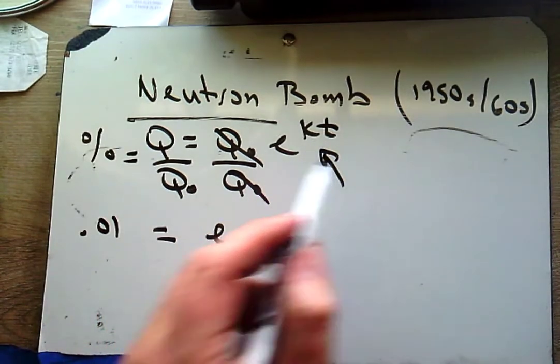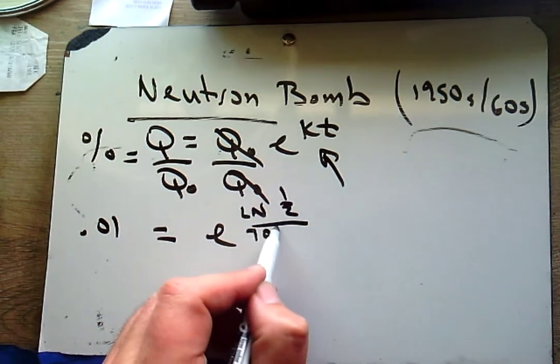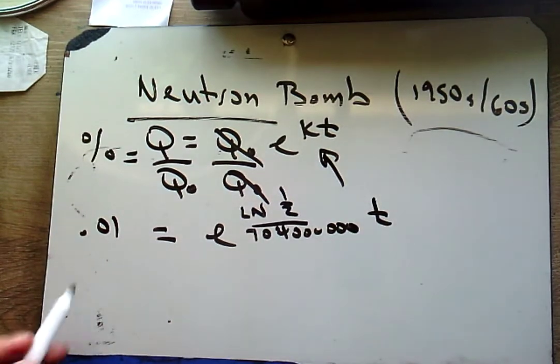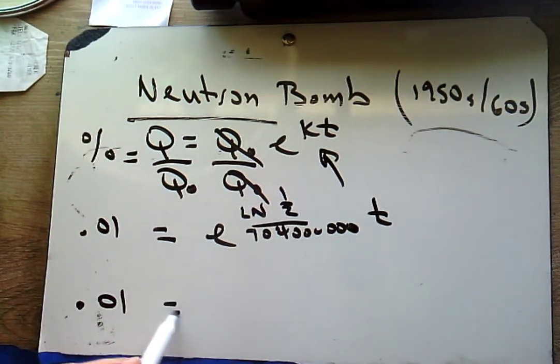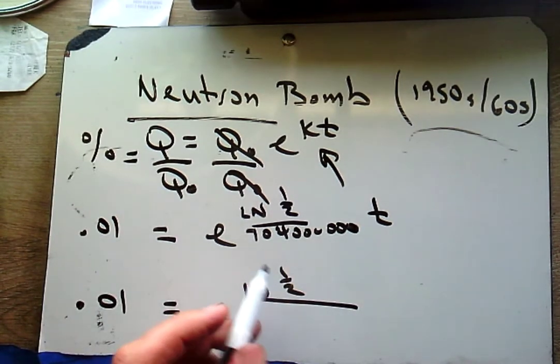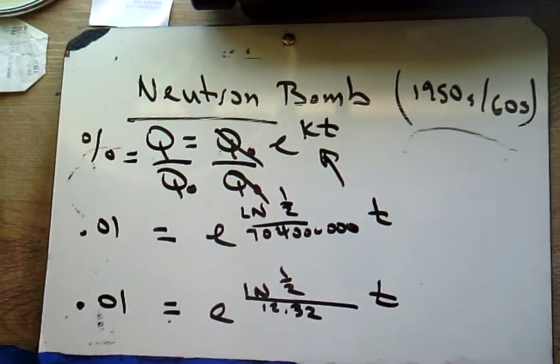Ln of a half over time for half-life. So I'm going to have ln of a half over 704 million years. Don't forget the t. And my other model, 0.01 equals e to the ln of a half over what was the time for half-life for the tritium? 12.32 years times t. So I need to solve each of these equations.